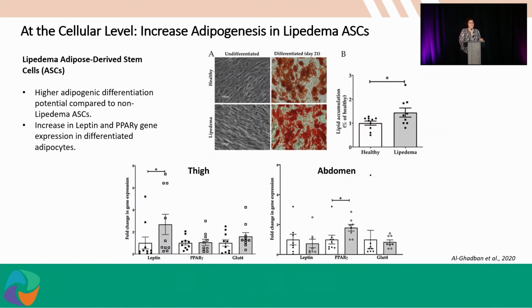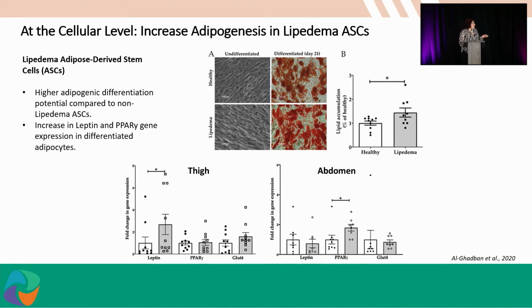When we isolated cells from these patients, here we isolated stem cells, which are the cells that have the ability to differentiate into fat cells, we showed that cells isolated from lipedema have higher adipogenic potential. That means they have a higher ability to be induced into fat cells as compared to non-lipedema cells.